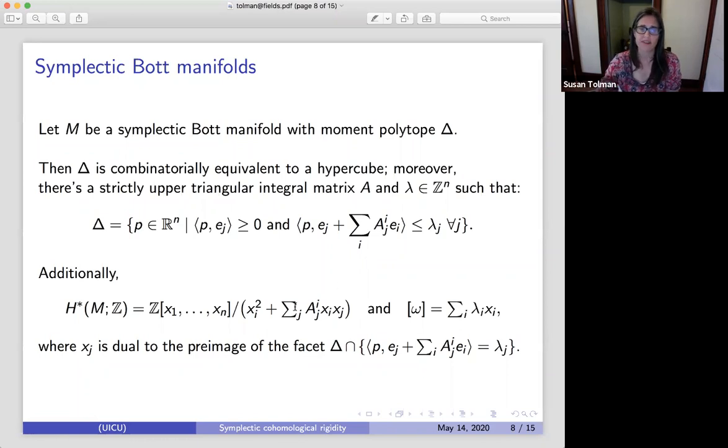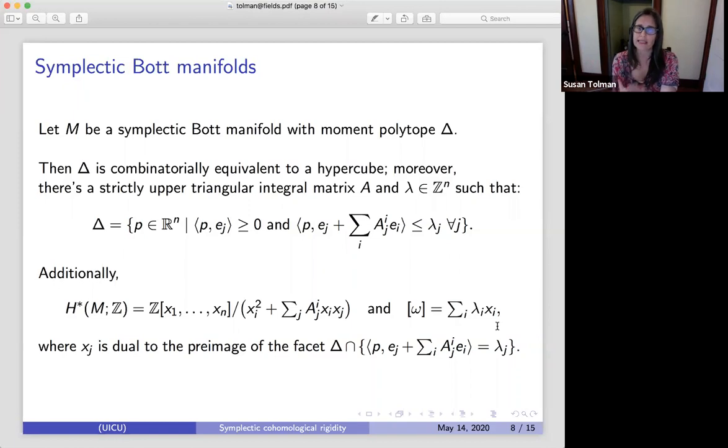And there's an additional fact, which again has been referred to, but none of this is new, it's just well-known stuff: there's a very explicit formula for the cohomology ring of a toric variety, of a smooth toric variety in general. We've had some talks about where you can extend that, but if you apply it in this case, it's very straightforward. And you see, we get a very explicit formula for the cohomology ring and for the class omega.